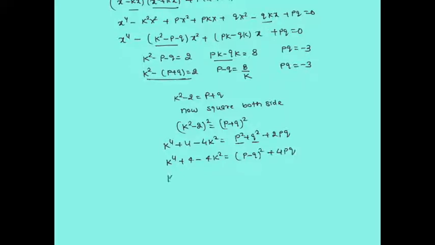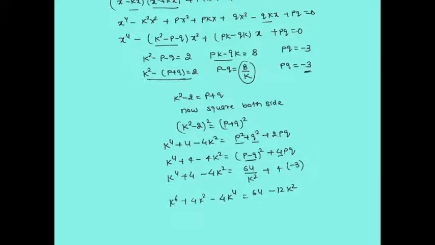So we get k^4 + 4 - 4k^2 = (p - q)^2 + 4pq, where p - q is 8/k. So this will come as 64/k^2 + 4 times pq. pq is -3. So this we can write as k^6 + 4k^2 - 4k^4 = 64 - 12k^2.